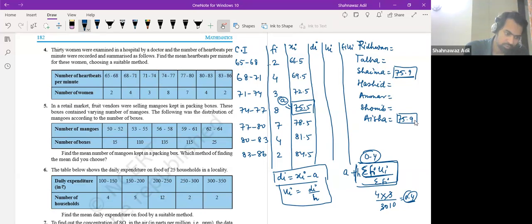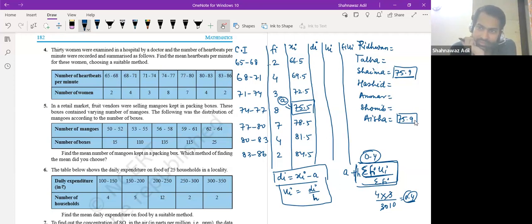So should we do the next question? There is a trick to the next question, so that's why I'm waiting for the answer. Yes, Rizwan, Hashid, Amar, Shweb, Talha.